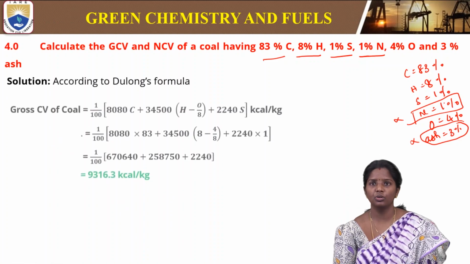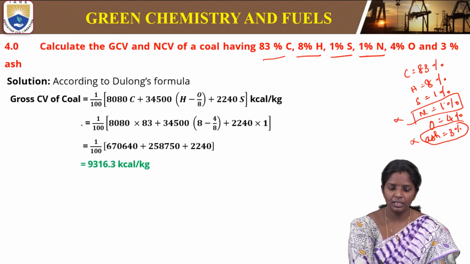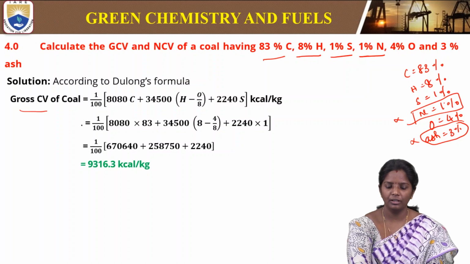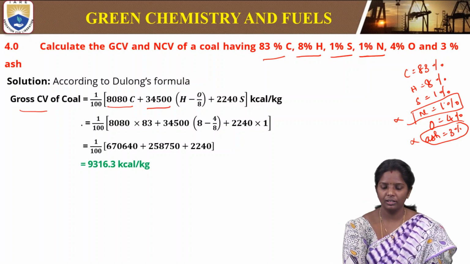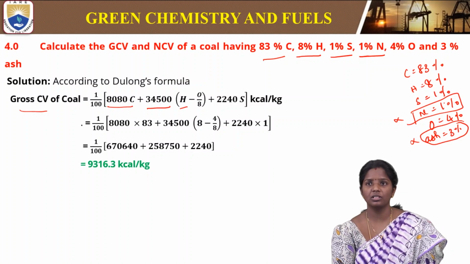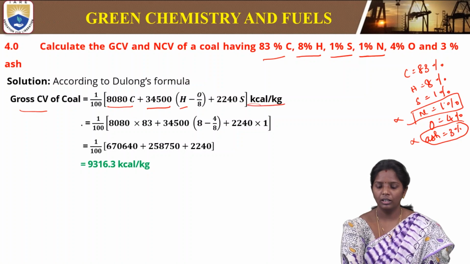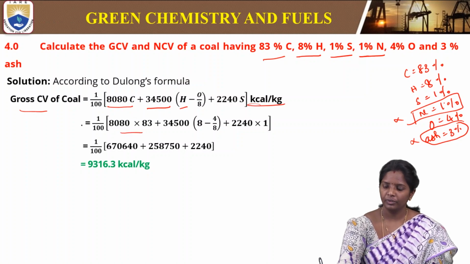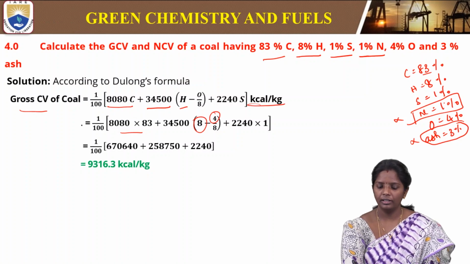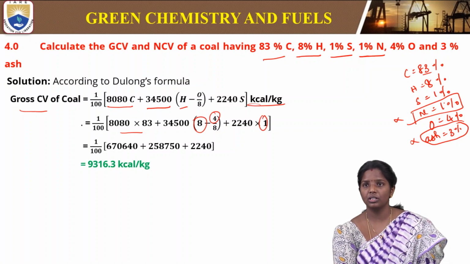So now according to Dulong's formula, for gross calorific value, 1 by 100 is equal to 8080 carbon plus 34,500 taken in bracket hydrogen minus oxygen by 8 plus 2240 into sulfur, that will give the units kilocalories per kg. Okay, so now substitute the carbon value, oxygen value and hydrogen value, and the sulfur is 1% and substituted accordingly.